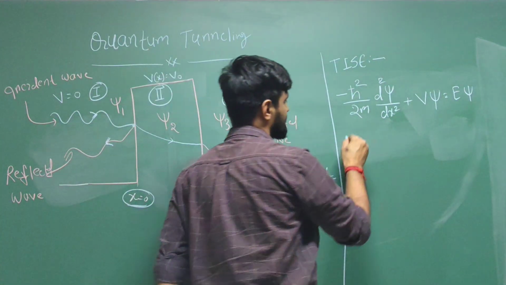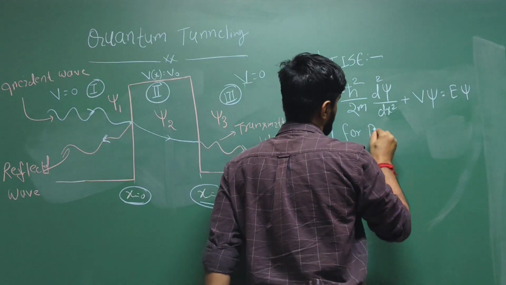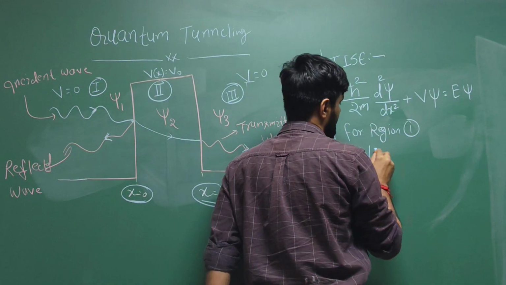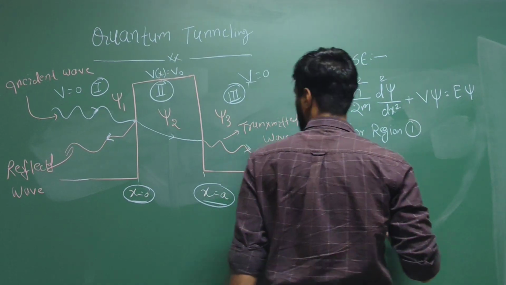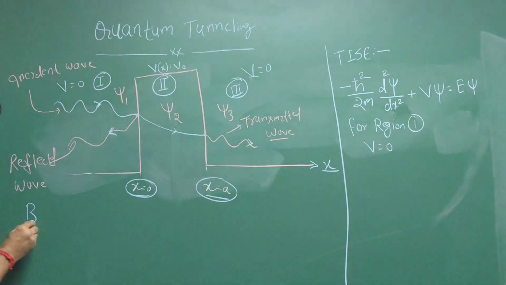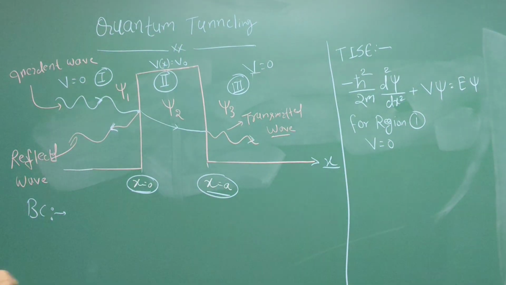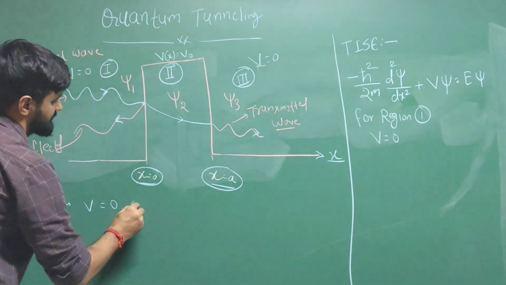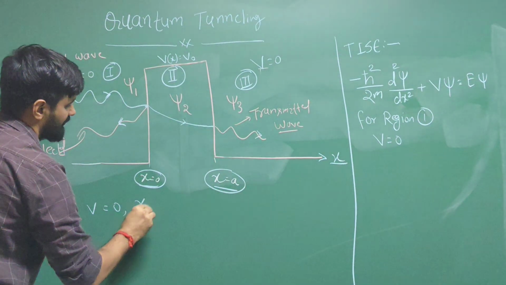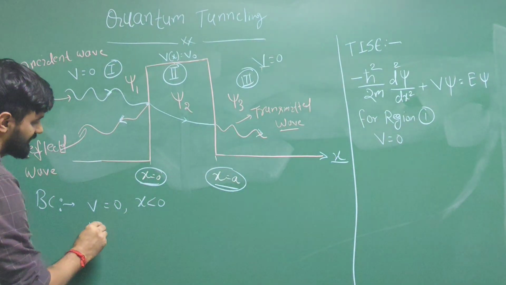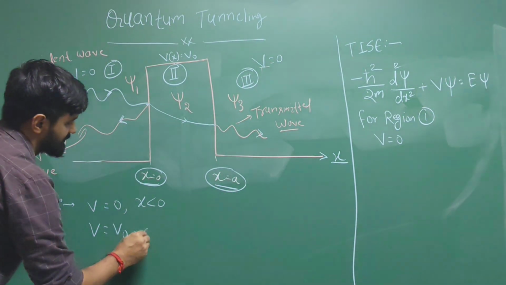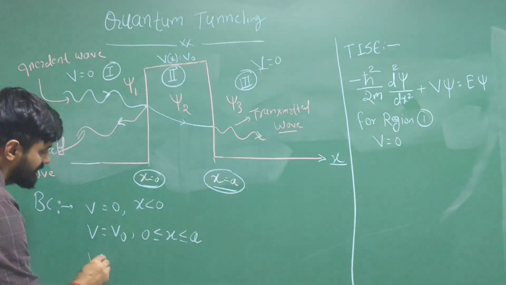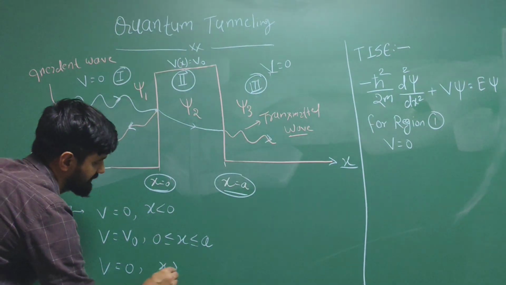So I'll divide these things. Let's say for region 1, the potential is 0, right? So if we write the boundary conditions first: V equals 0 when x is less than 0, V equals V naught when 0 is less than or equal to x is less than or equal to a, and then again V equals 0 when x is greater than a.